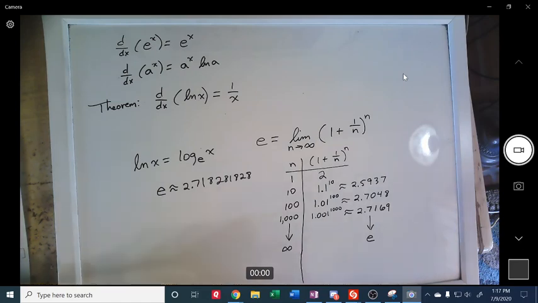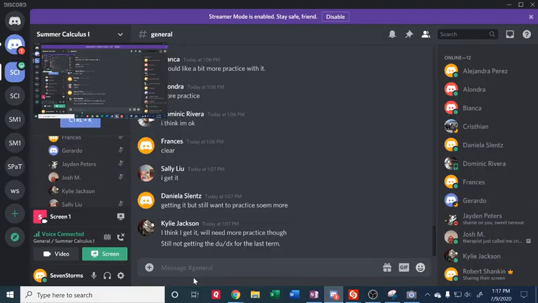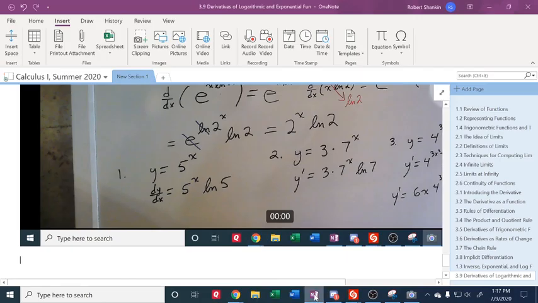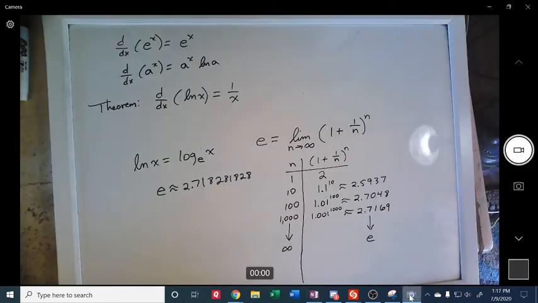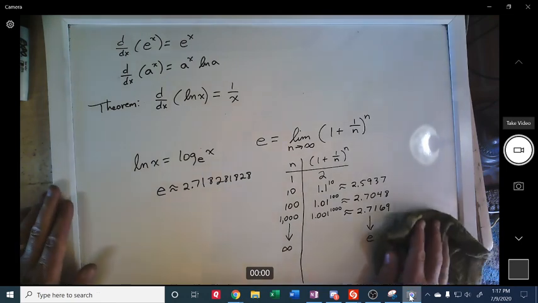And let's talk about an implication of what this means and kind of get an intuition about this. Let me copy this in first. All right.